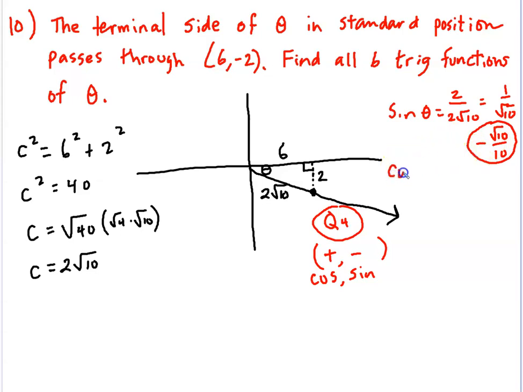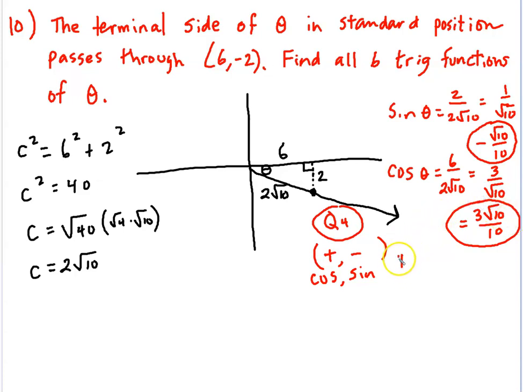Now let's go to cosine theta, and that's going to be 6 over 2 root 10, which is 3 over root 10. When we rationalize by multiplying by root 10 top and bottom, it's 3 root 10 over 10. And cosine is positive in quadrant 4, so that remains positive.